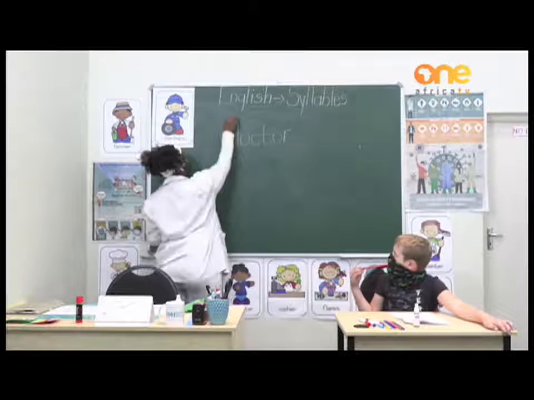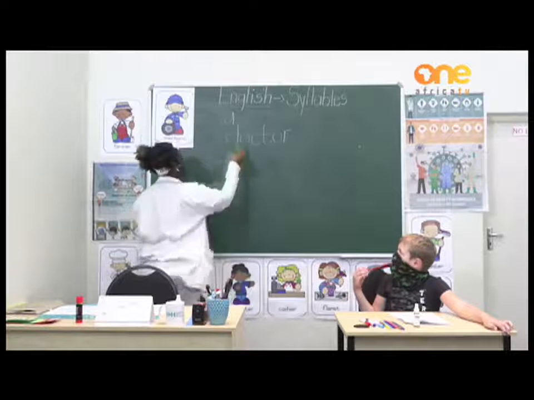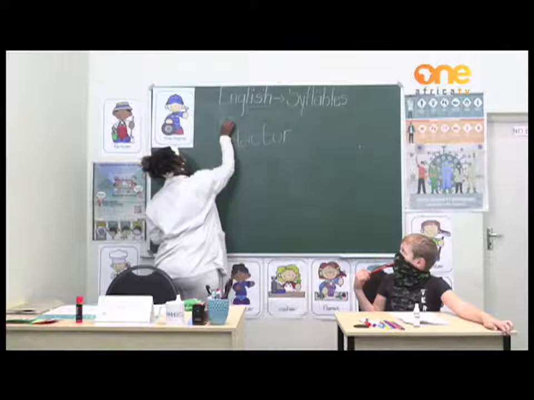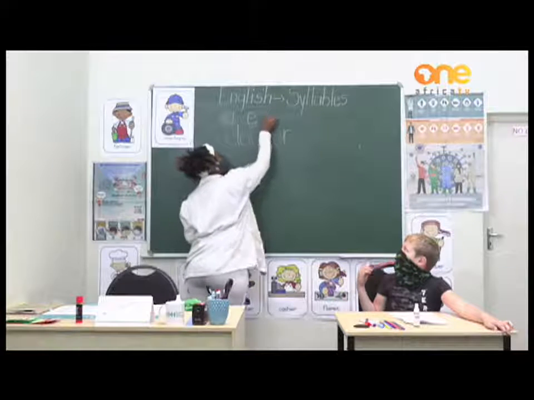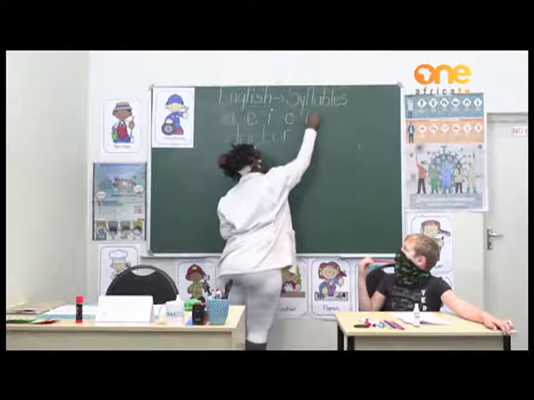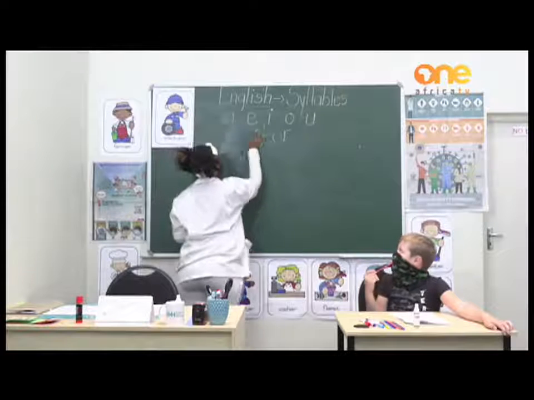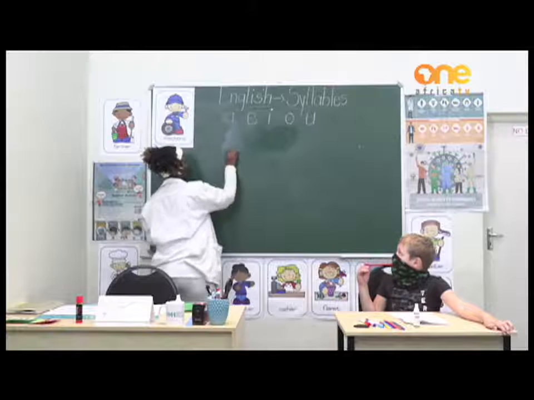Our vowels are A. Oops, that's an ugly A. Let me rewrite it again. A, E, I, O, and the U. Very good. Let me also just take this word down a little bit so that we can see nicely.